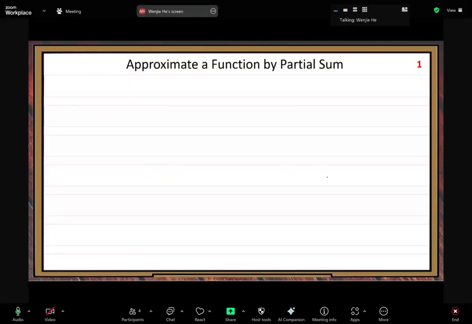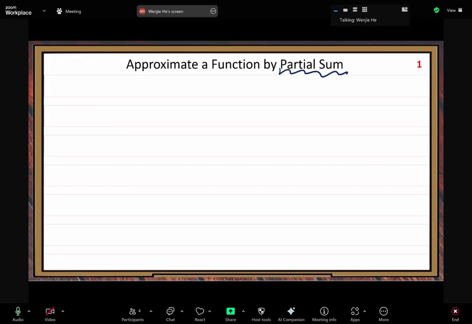Approximate a function by partial sum. We have seen this partial sum approach in our power series, where we used the partial sum to study the convergence of the power series. Here, we use partial sum again, but this time we do not use it to study convergence.